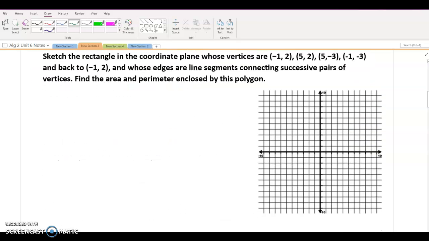Alright, our next one asks once again to sketch the rectangle in the coordinate plane whose vertices are -1, 2, 5, 2, 5, -3, -1, -3, and then back to your -1, 2. Once again, we're asked to find the area and the perimeter.